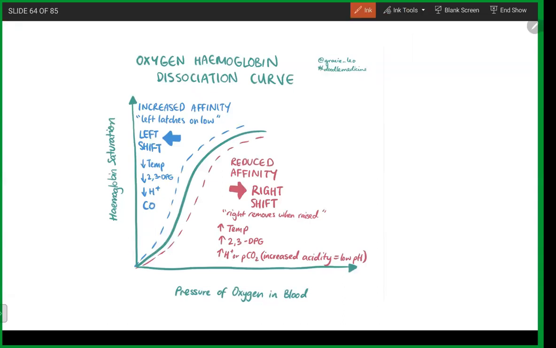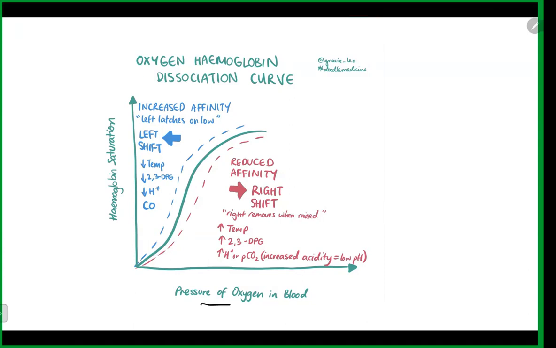Here you have to know that whenever there is increased affinity, there is going to be oxygen saturation. On this side is the pressure of oxygen, and on the other side is the oxygen saturation, meaning hemoglobin saturation. Whenever the blood is returning from the tissues, carbon dioxide is going to come inside.